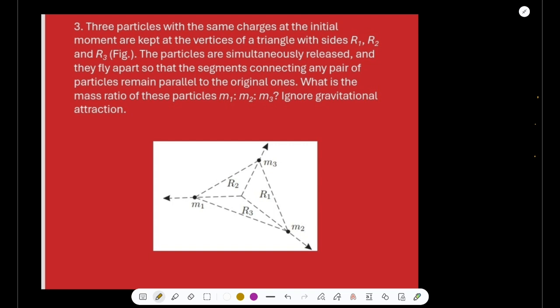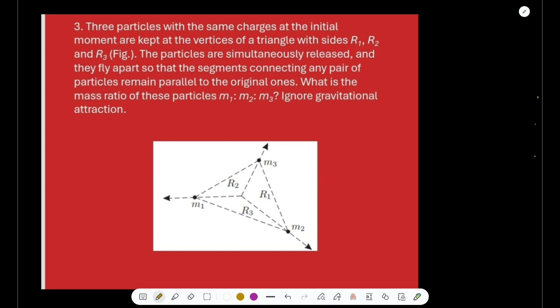The particles are simultaneously released, and they fly apart so that the segments connecting any pair of particles remain parallel to the original ones. Oh, similarity is getting maintained. What is the mass ratio of these particles, M1 is to M2 is to M3? We have to ignore the gravitational attraction, of course.